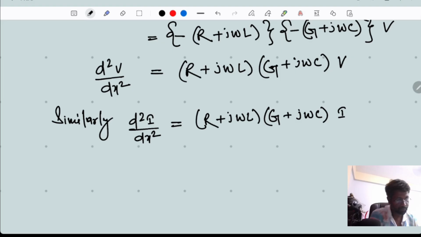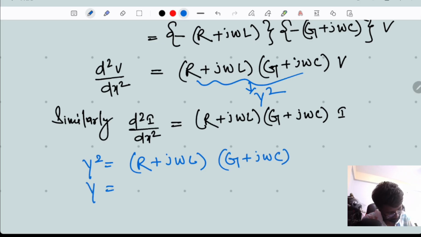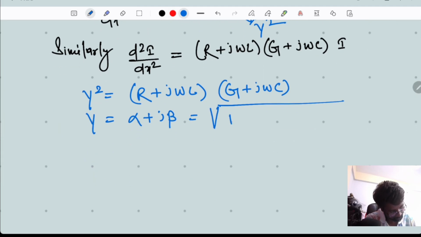So we may replace this term with gamma square. So gamma square is equal to (R plus j omega L)(G plus j omega C), and gamma is equal to alpha plus j beta, which is equal to the square root of (R plus j omega L)(G plus j omega C).